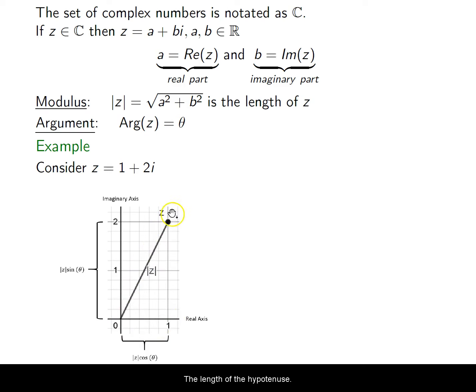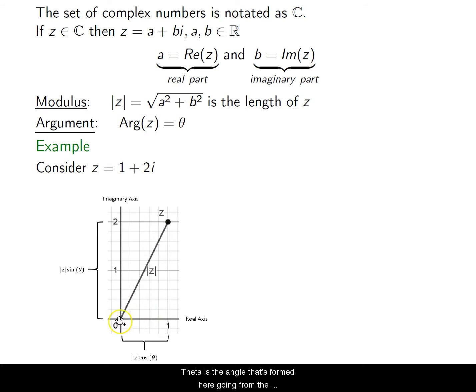The length of this hypotenuse is the modulus of Z, right? Or its components being squared and added together and square rooted. Okay, so the length of Z is the modulus of this complex number. The argument theta is the angle that's formed here.